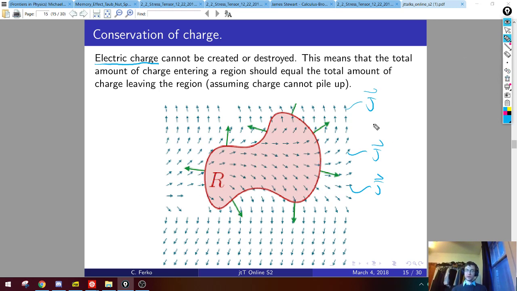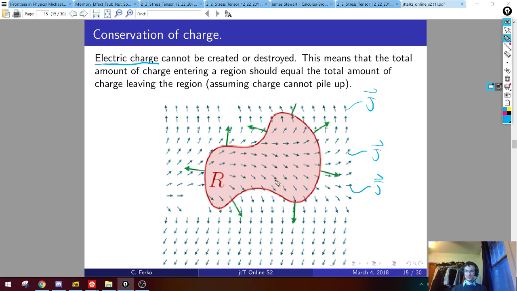In other words, the total amount of charge within the region R should not change, assuming the charge cannot pile up within this region, which is something we will assume about our cloak, simply because charges repel, so it's not favorable for a lot of, say, negative electric charge to pile up in here, since then those charges would repel and try to move apart from one another.